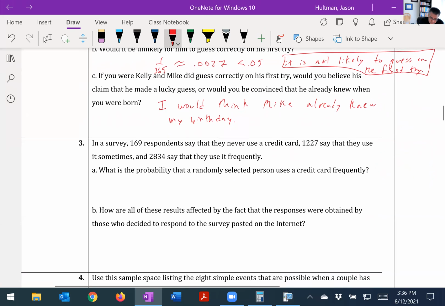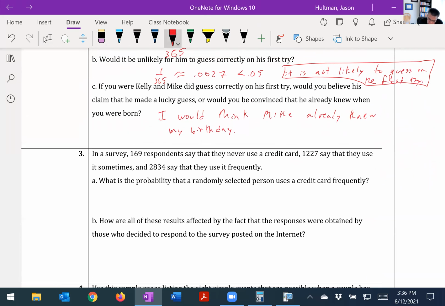Okay, number 3. In a survey, 169 respondents say that they never use a credit card, 1227 say that they use it sometimes, and 2834 say that they use it frequently. What is the probability that a randomly selected person uses a credit card frequently? Okay. So again, we have to find out how many total people there are here. So 169 plus 1227 plus 2834, that's going to give me the total.